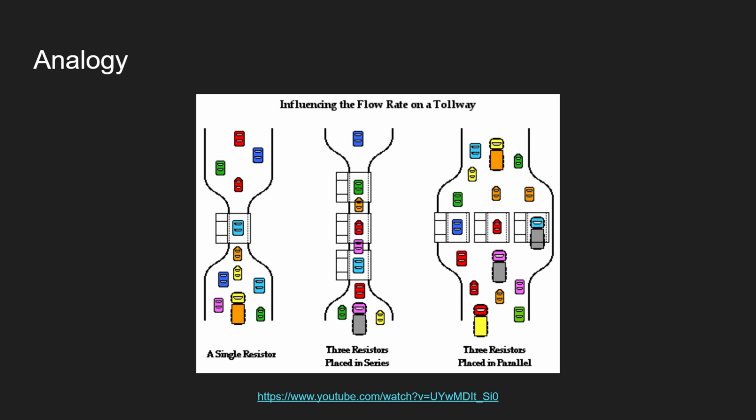The resistance goes up, the flow goes down. And if they have resistors in parallel, the roadblocks are separated. They got 3 different stations to go through. So the resistance will go down and the current will flow faster compared to a single resistor.